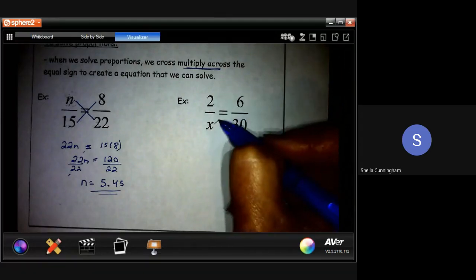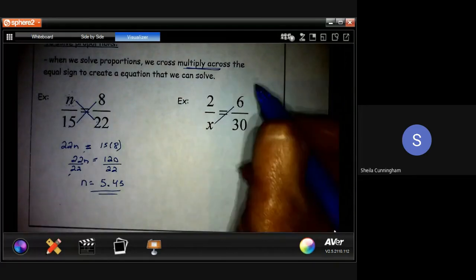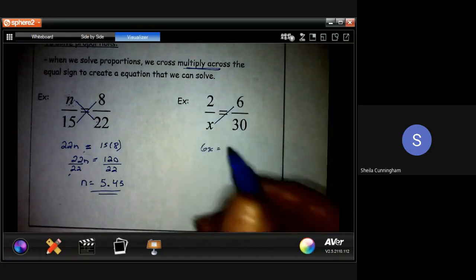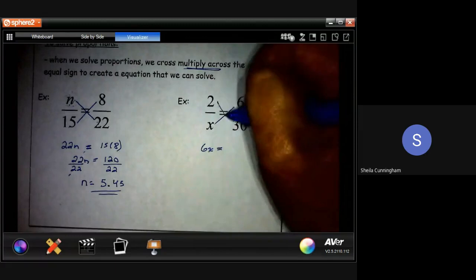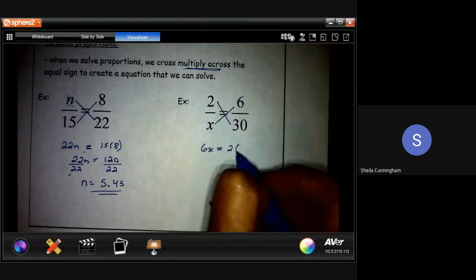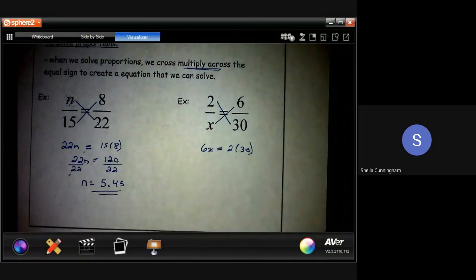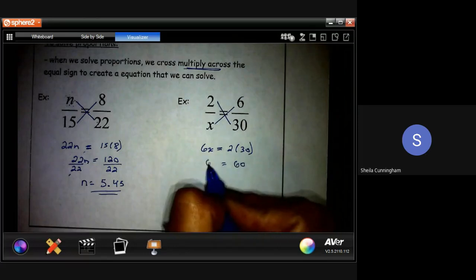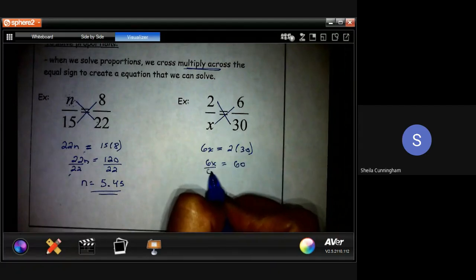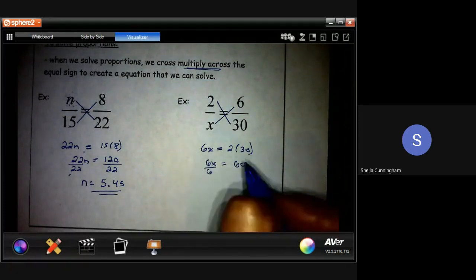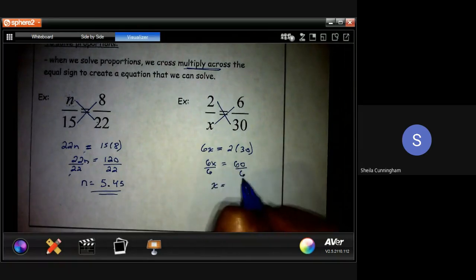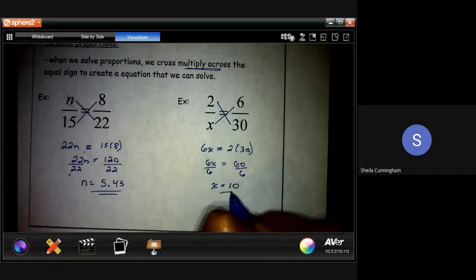In this case, maybe taking that 6 times that x, which gives you 6x, and then setting it equal to the other way, the 2 times the 30. 2 times 30 gives you 60, and you've got 6x on the other side. Again, trying to solve for x. Because the 6 and the x are being multiplied, I divide the 6 out, and I'm left with x equal to 60 divided by 6, which gives you 10.